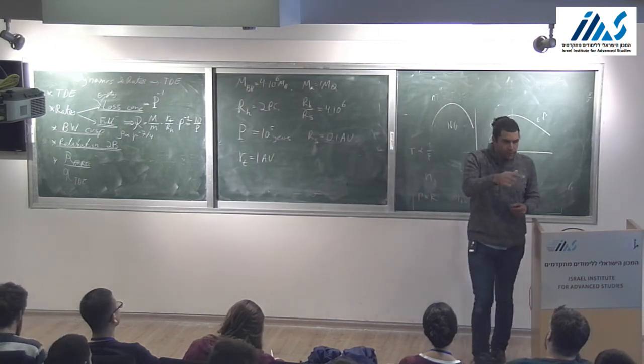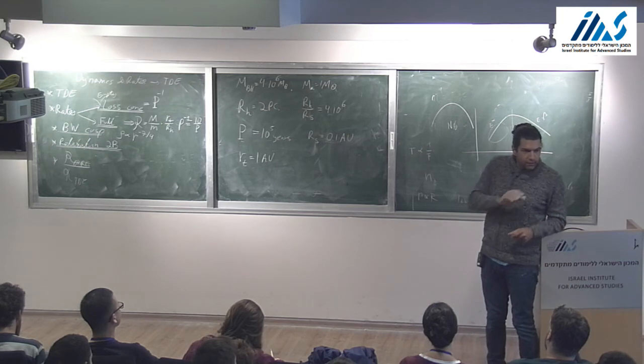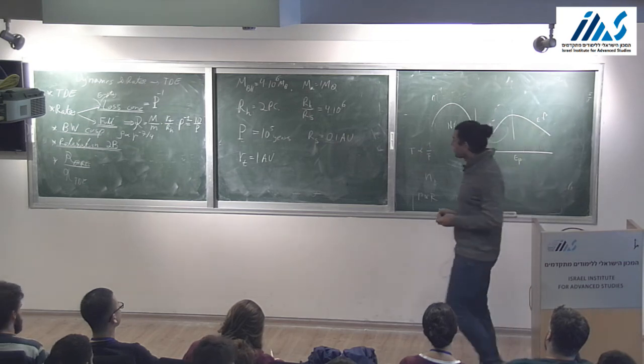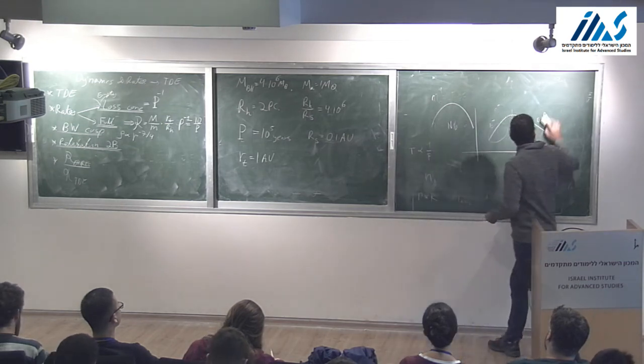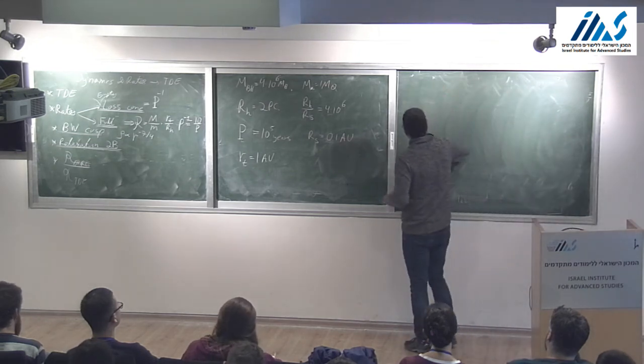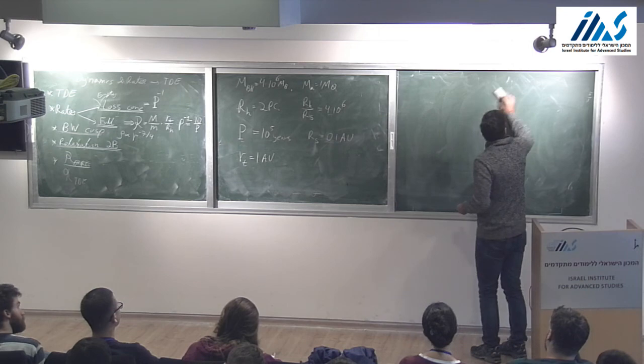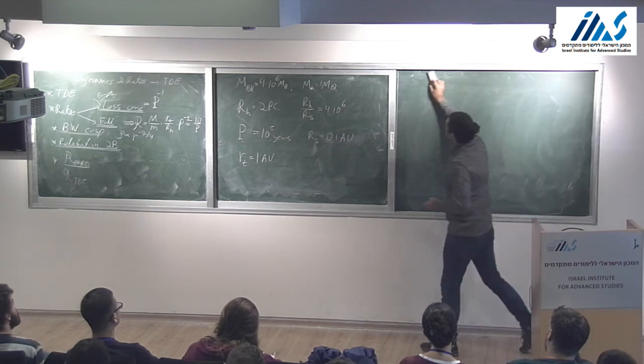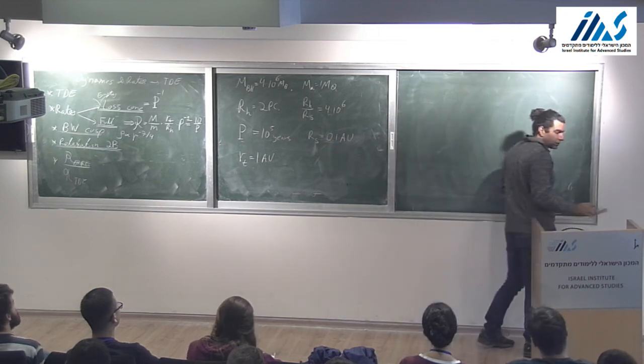Actually, this will take me to the next subject. So I'll plot a diagram, and then we'll come back to this point. Okay, so let me plot the following diagram.